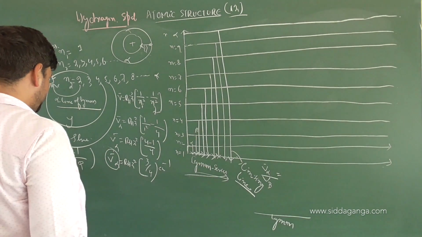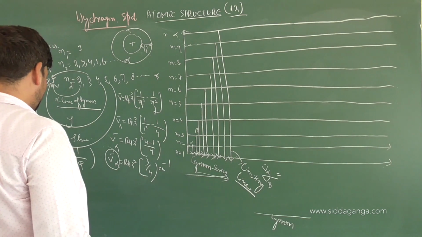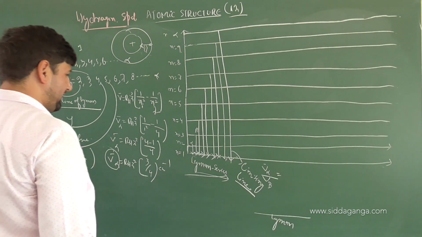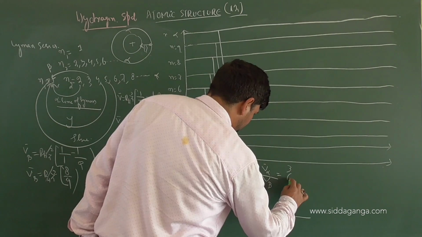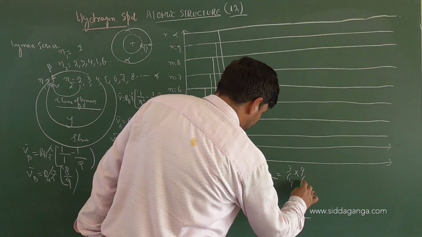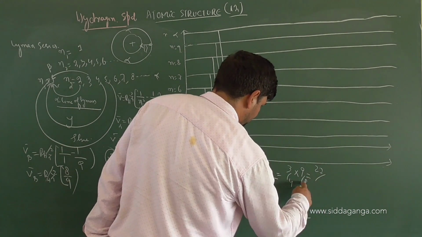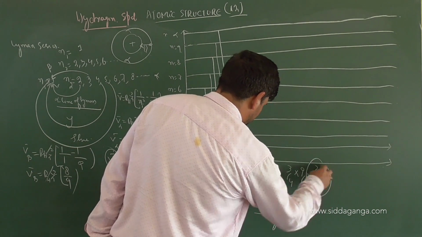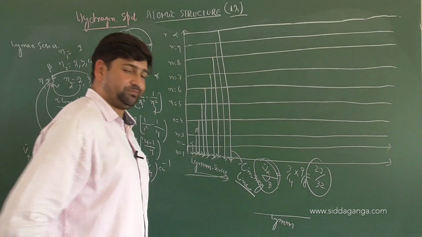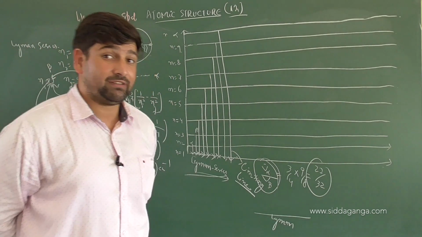So what remains here? 3 by 4 centimeter inverse, here 8 by 9. So it will be 3 by 4 into 9 by 8. That makes it 27 by 32. So you can solve this out. This will be the ratio of the two, but which lines? Alpha and beta.